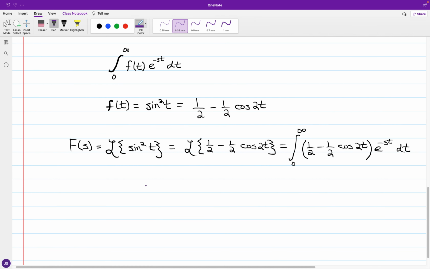Looking at the general integrals, from the 1/2 portion we have 1/2 of the integral of e to the negative st dt.